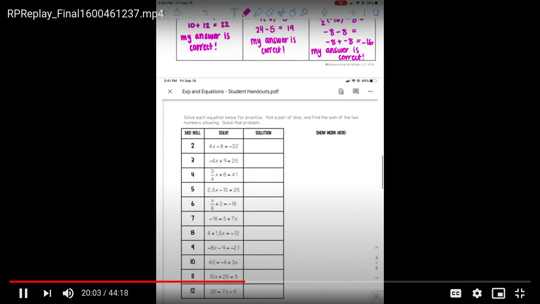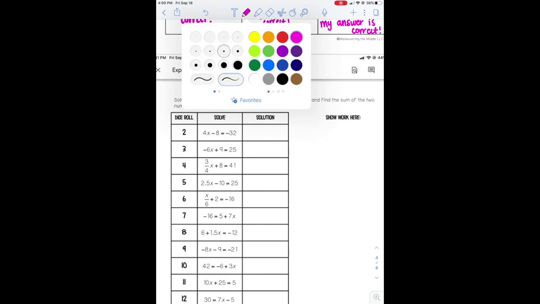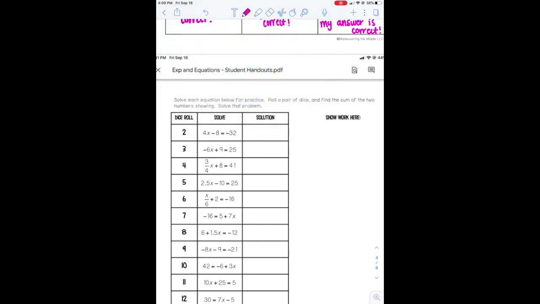Alright guys, I'm going to work out 3 more example problems. So I'm going to do number 2, number 3, and then 1 more. So I'm going to go ahead and do number 2. I've got 4x minus 8 equals 32.